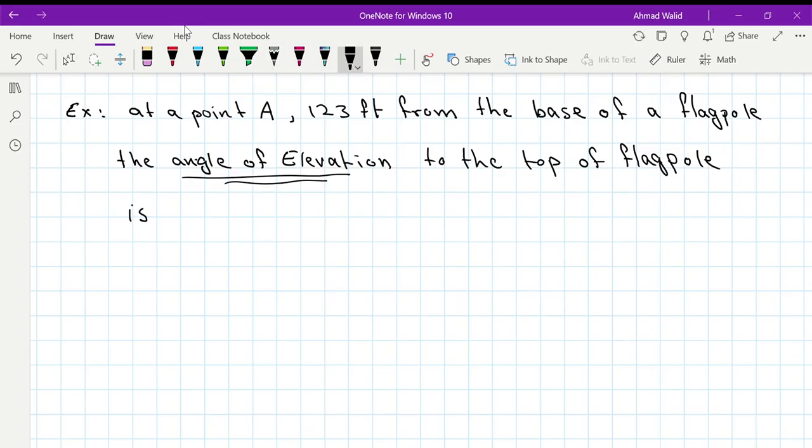It's 26 degrees 40 minutes, but I don't want to use the 40 minutes here to confuse you. I'll just use that 26 degree. Find the height of the flagpole.